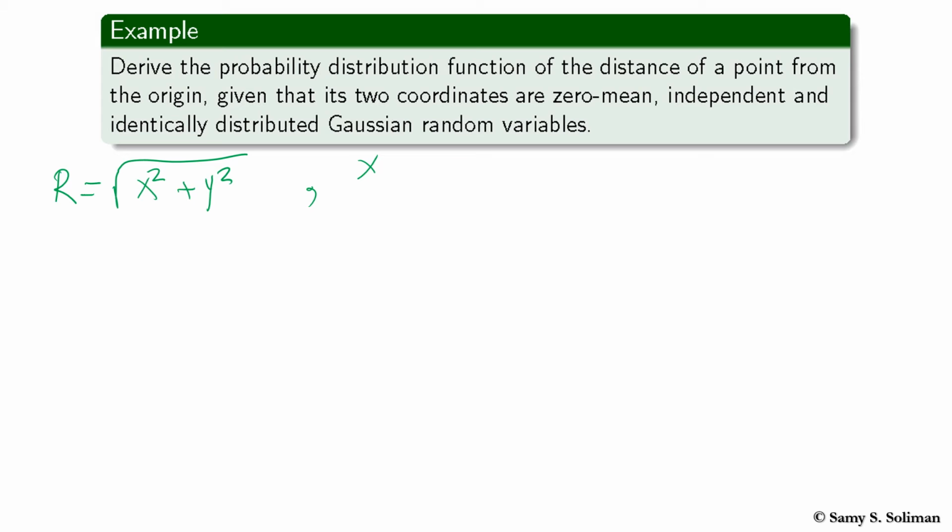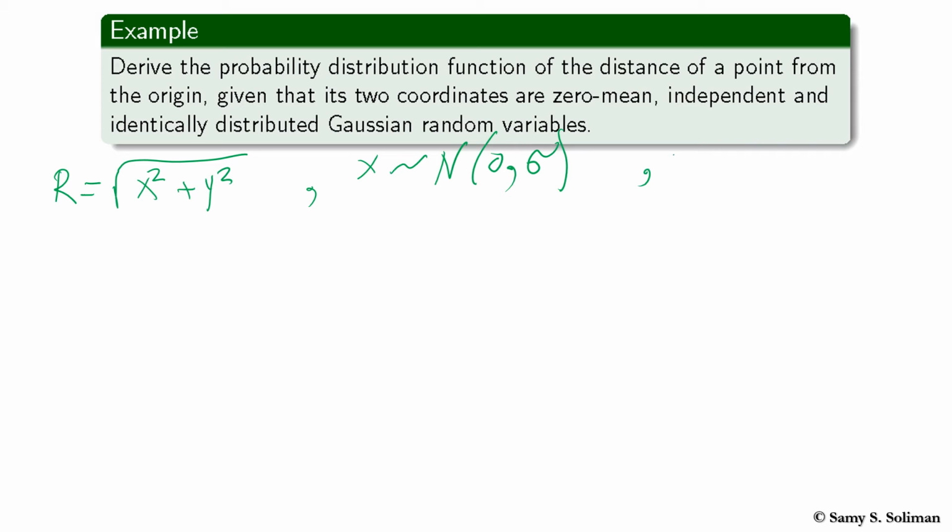They are independent, so the joint distribution will be the product of the marginal distributions, and they have zero mean, so that is a normal distribution with zero mean and a generic variance or standard deviation sigma. And since both of them are identically distributed, that means that they have the same mean and the same variance.